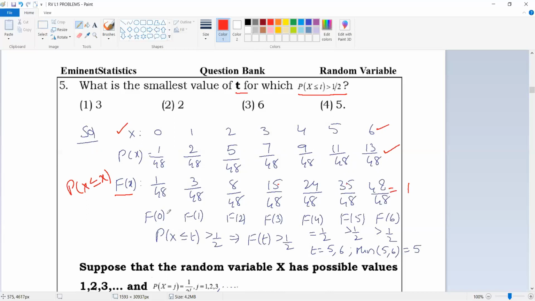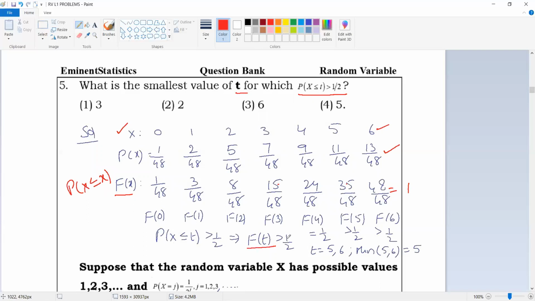These are the CDF values up to 0, up to 1, 2, 3, 4, 5, 6. CDF always lies between 0 and 1, as already explained. Now our given statement is probability of x less than or equal to t greater than half. Whenever the inequality is of less than or equal type, definitely you have to take the CDF.